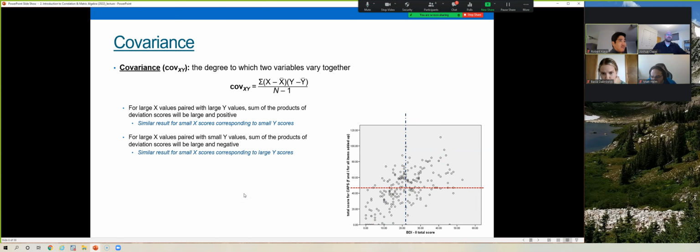Now, on the other hand, if I had a different situation, not the one indicated here, let's say I've got a situation where I have large values of x that are paired with small values of y. So if I take a big positive deviation and multiply it by a large negative deviation, what's my value going to be?